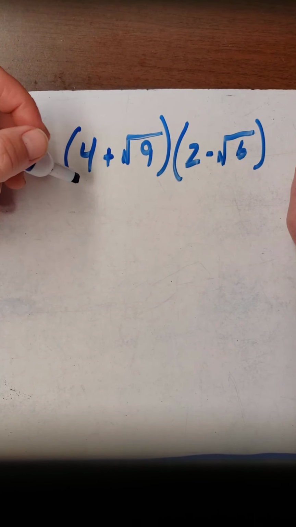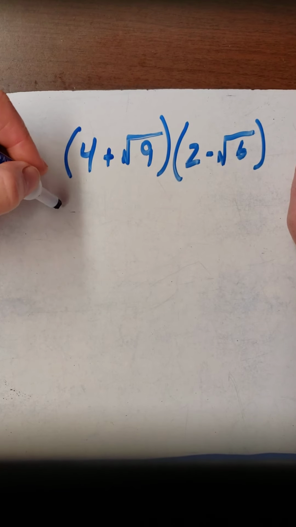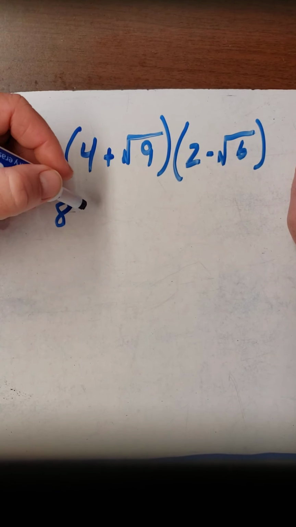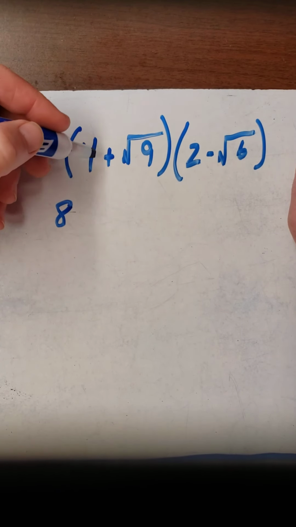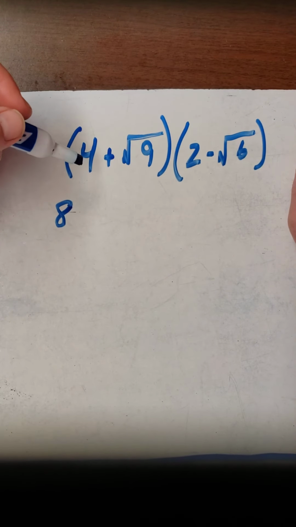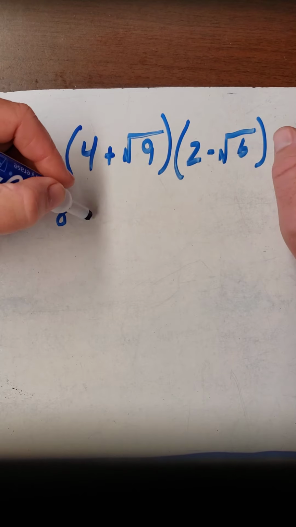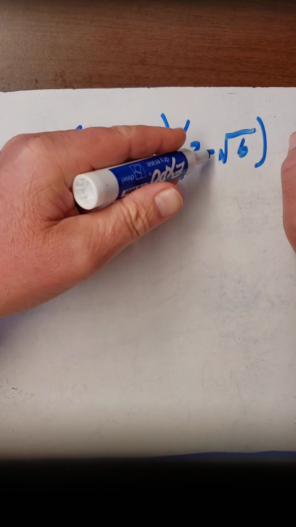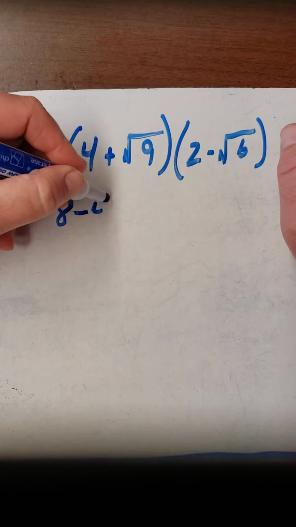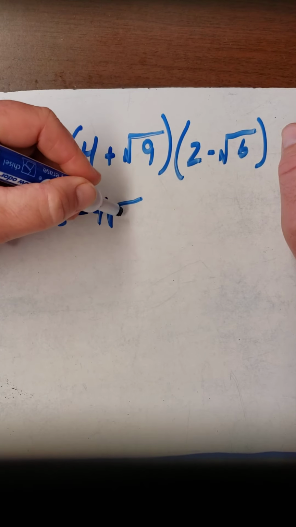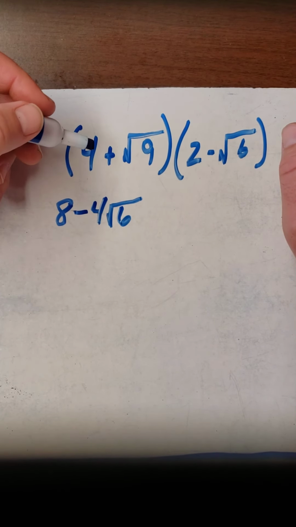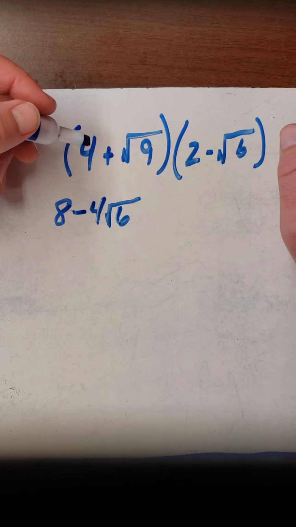Okay. So we go 4 times 2 is 8. Okay. And then we go 4 times the square root of 6, so it'd be minus, because there's a minus sign in front, 4 square root of 6. Okay.